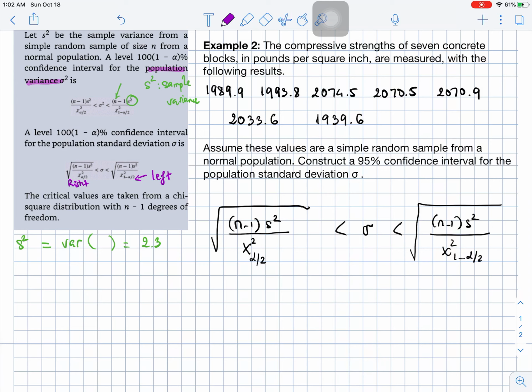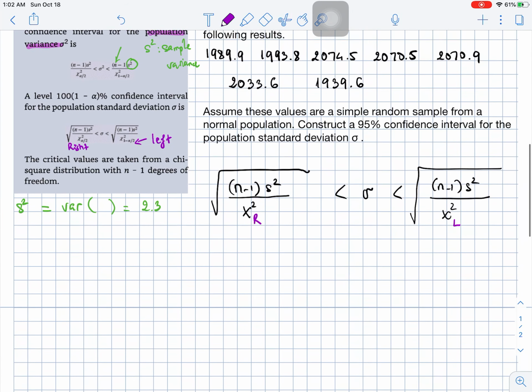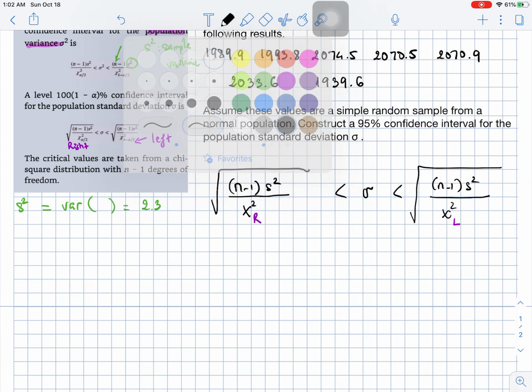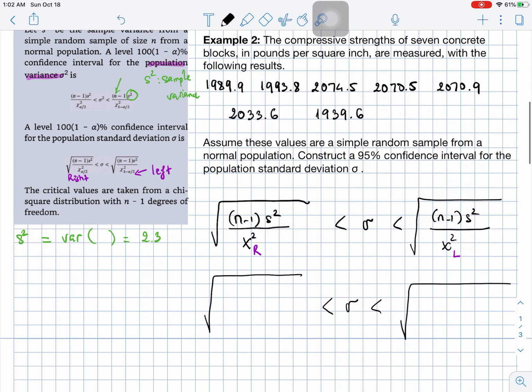So chi-square of 1 minus alpha divided by 2 will be for the left, and chi-square of alpha divided by 2 is for the right. We're going to put the right on the left side, and the left on the right side. So we're going to use chi-square right and chi-square left.